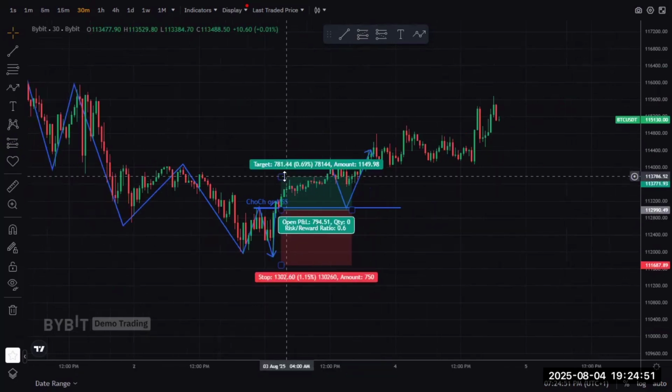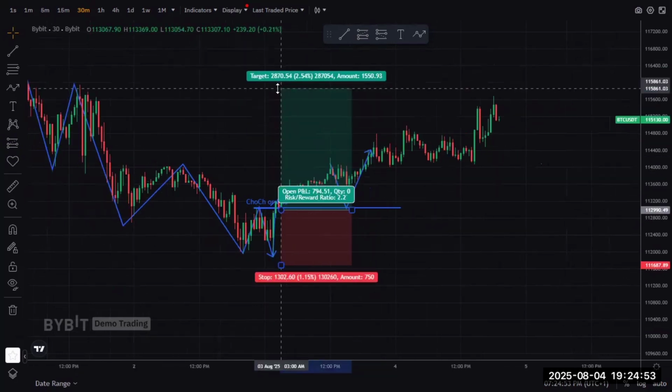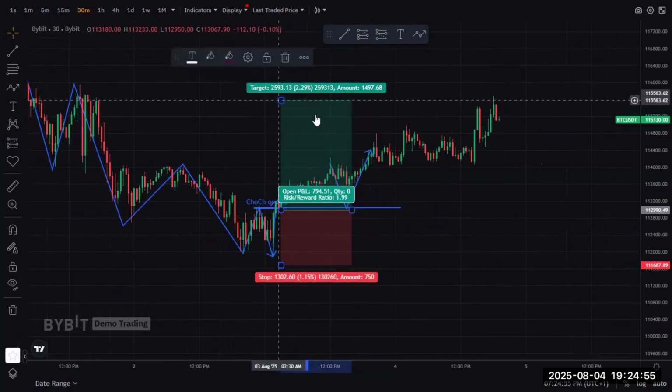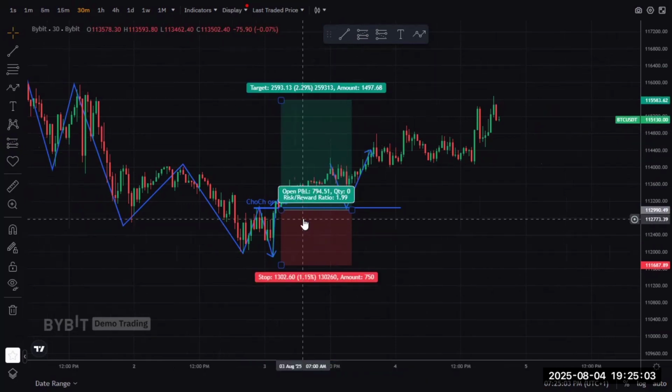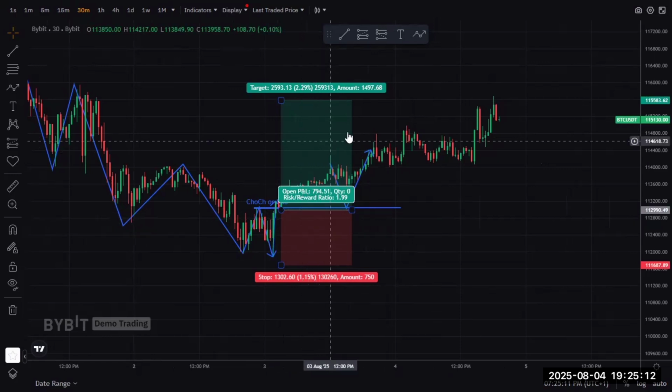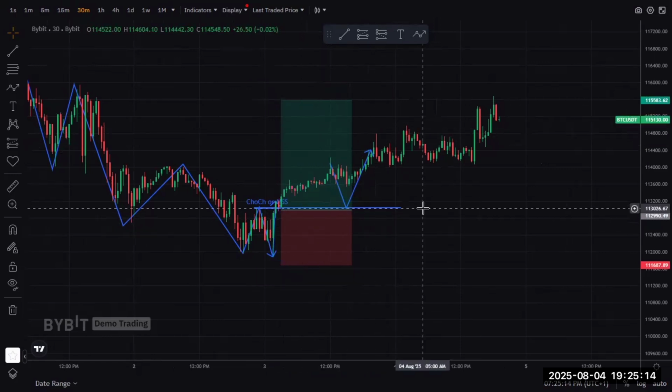And you are going to aim for 1 to 2 because you always trade 1 to 2 or more. So don't trade that you are risking $100, you want to get $100. That's not a good way of trading. You are risking $100, you want to get 200 or 300 or 400 or more.